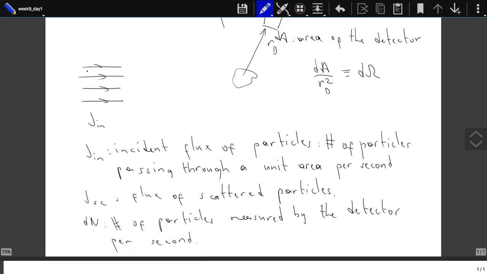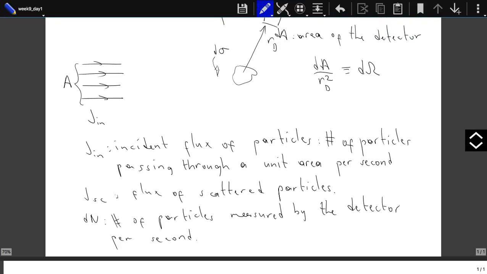Let's assume that the total area of the beam is A. We know that the particles that hit the d sigma area will be scattered into my detector. So what fraction of the particles will be hitting that? D sigma, sorry.